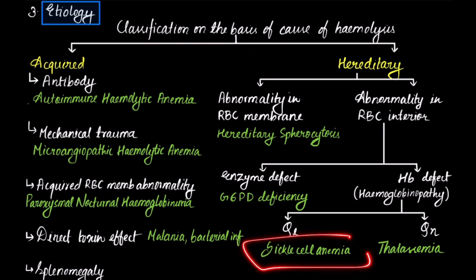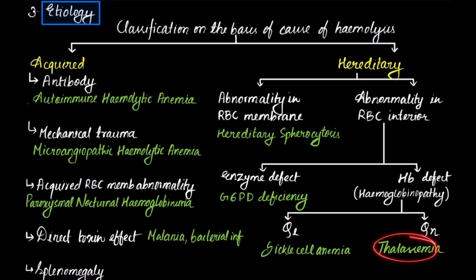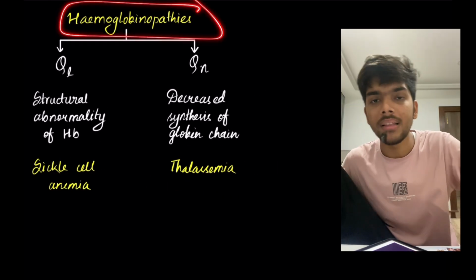For example, sickle cell anemia. In sickle cell anemia, there is defect in the structure of the globin protein of hemoglobin. So that's qualitative hemoglobinopathy. Thalassemia. In thalassemia, there is reduced production of globin protein in hemoglobin of RBC. So that's quantitative hemoglobinopathy.